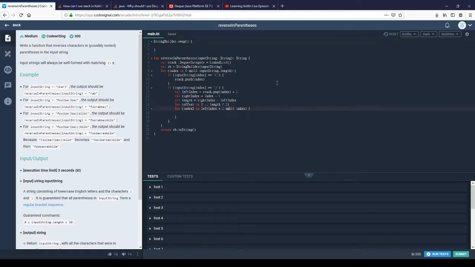Where is my string builder? sb.swap, first of type integer and second of type integer.